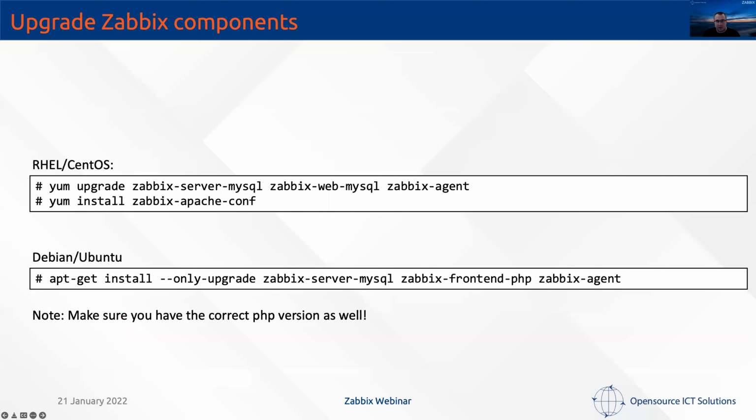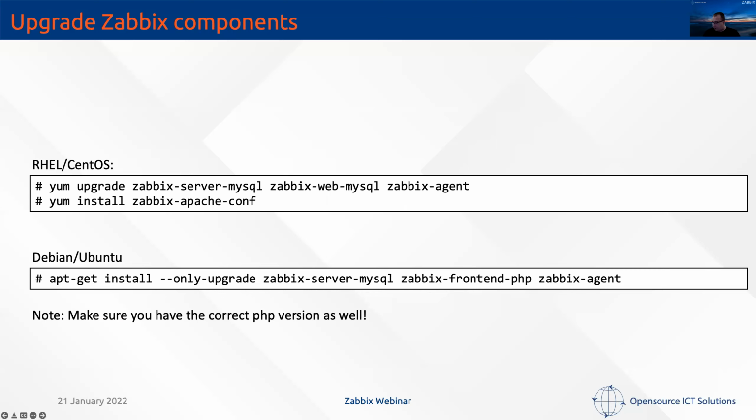And time to actually upgrade the components. So on Red Hat CentOS, yum or dnf upgrade zabbix-server-mysql, zabbix-web-mysql, zabbix-agent. Of course, if you do not use MySQL but Postgres, replace the MySQL with PSQL.